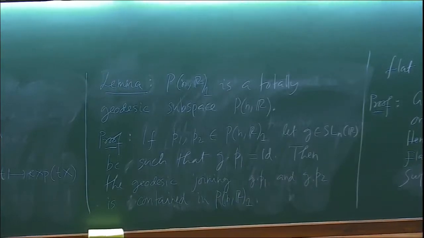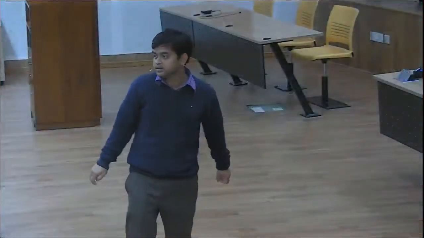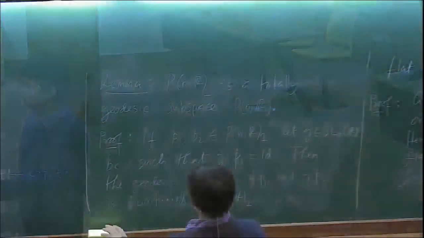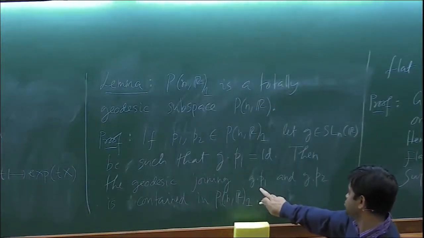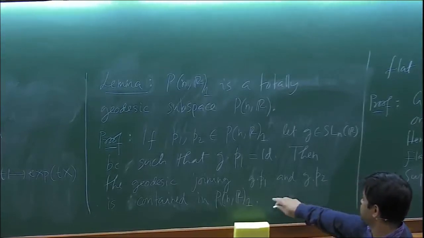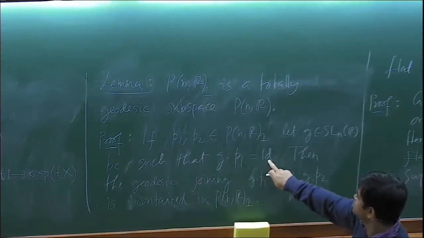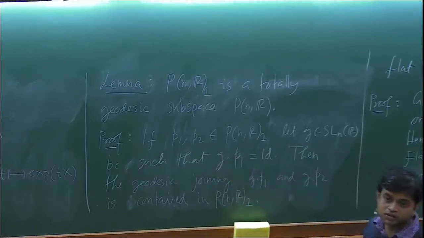And so therefore exponential tX for some particular value of t is inside SLnR, and so the full thing will be inside, right? So the geodesic line joining gP1 and gP2 is contained inside this, and therefore the geodesic line joining P1, P2 is also inside.